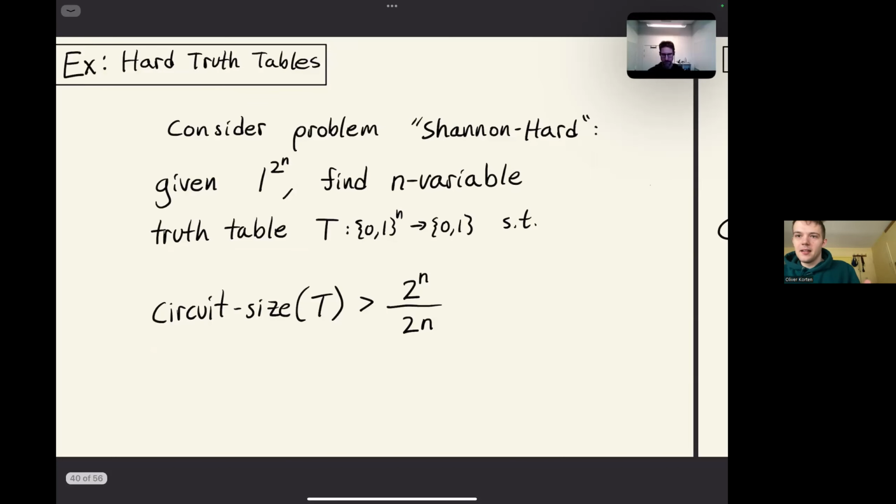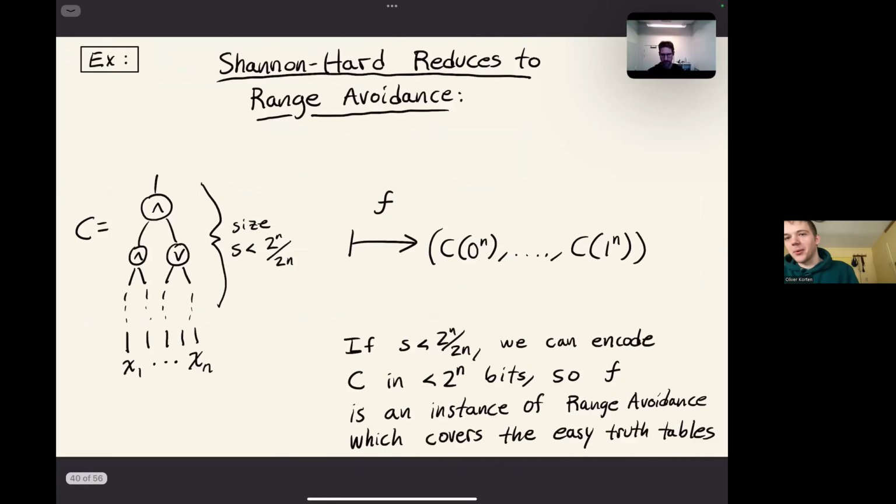For this problem, the reduction is extremely simple. Again, we want to show that all truth tables that have small circuit complexity can be described efficiently. Well, you just take the description to be some bit string describing the small circuit that computes the function. So if a truth table T has a circuit of size significantly smaller than 2 to the n, then I can describe it using strictly less than 2 to the n bits.